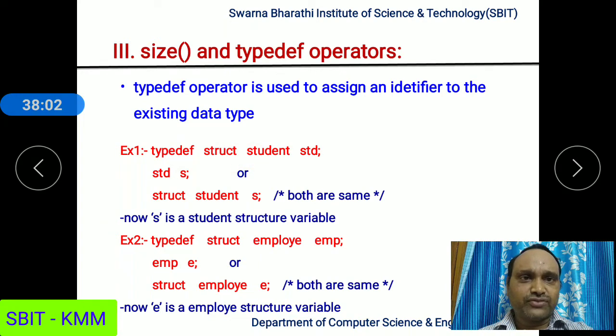Now instead of declaring the variable as struct student, I can write it like this: std s, because std is nothing but struct student. Wherever std is there, it is replaced with struct student. s is declared here as a structure variable which is of type student structure.